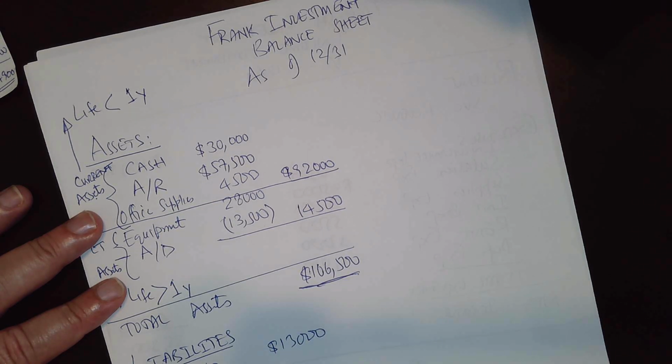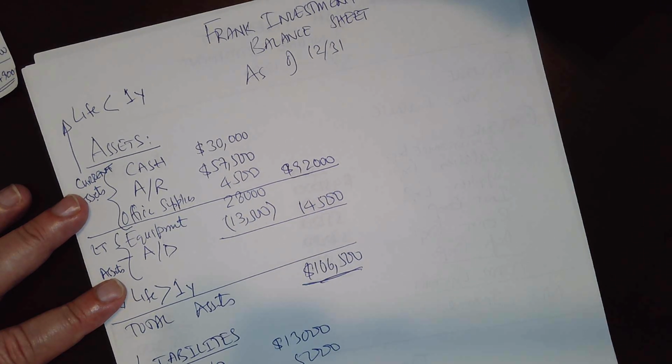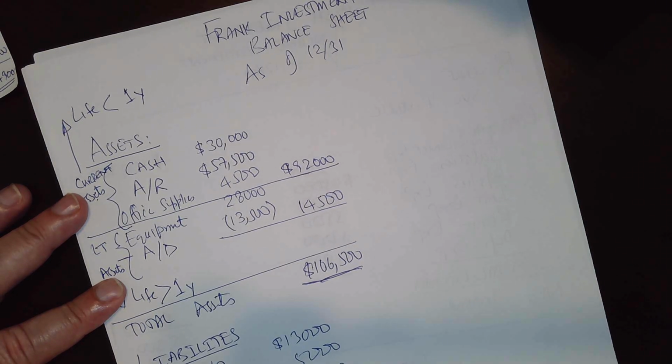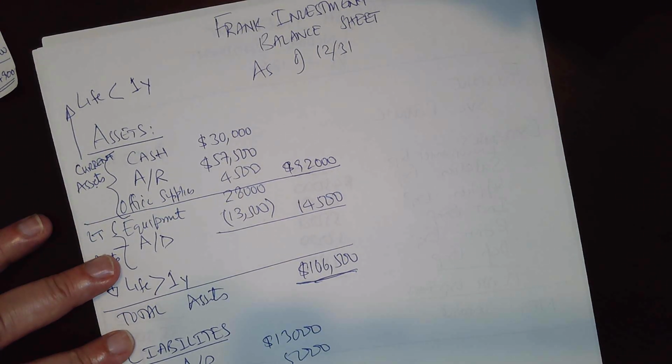Then we have salaries payable that we have calculated as 5,000, and then we have unearned revenue for 4,700, and that gives us total current liabilities of 22,700.